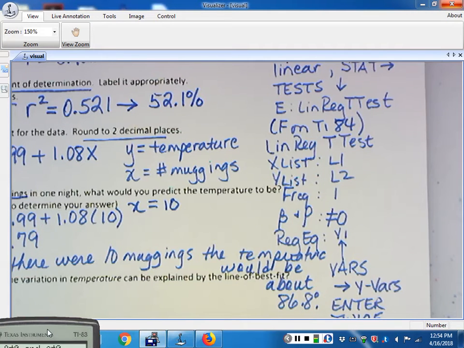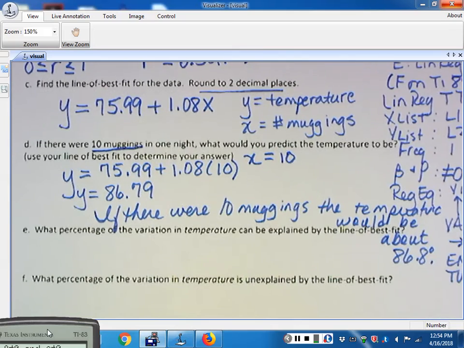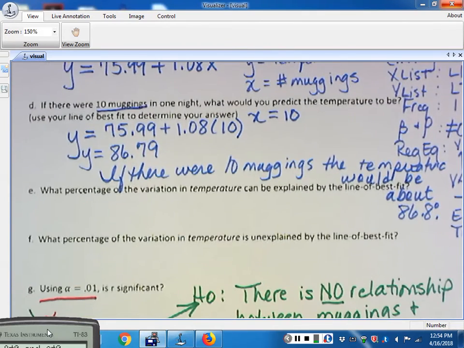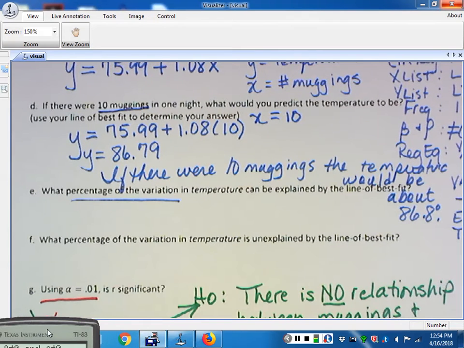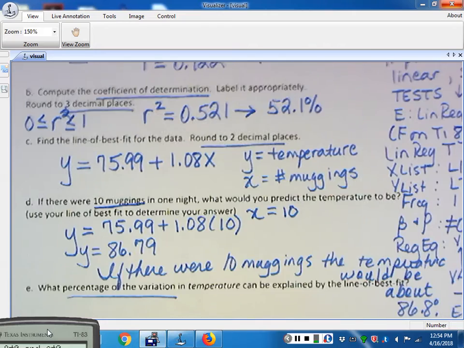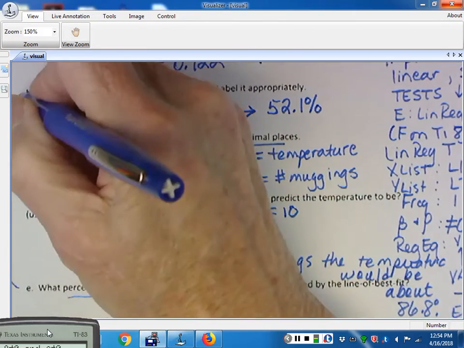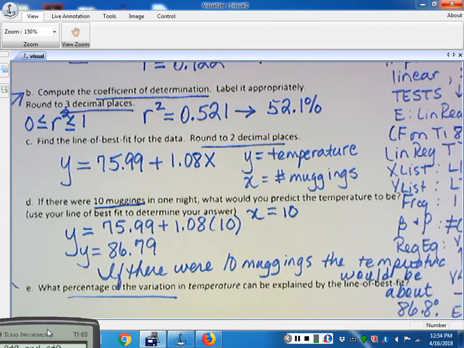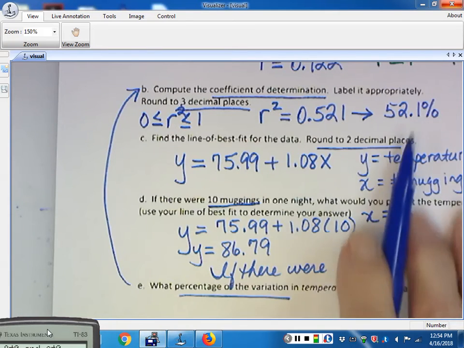Now we don't need the calculator for any of the rest of this. When E asks us about what percentage of variation in the temperature can be explained by the line of best fit, it's taking us back to question B. And that percentage is 52.1%.